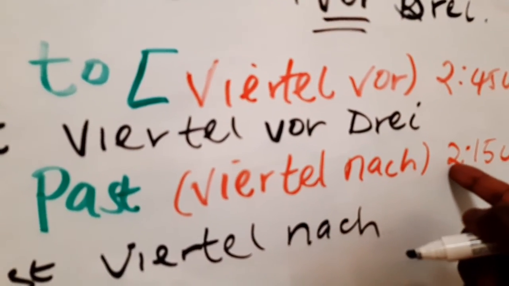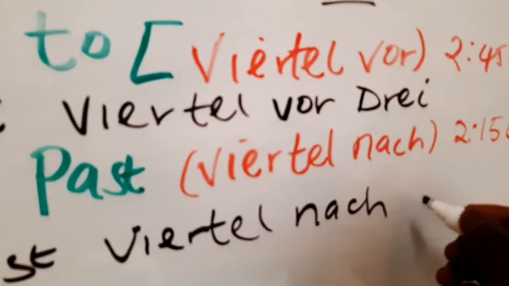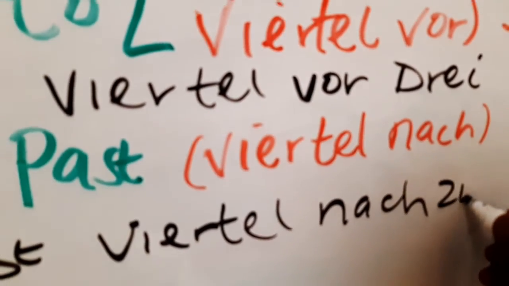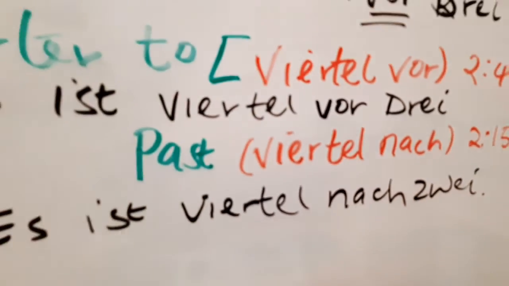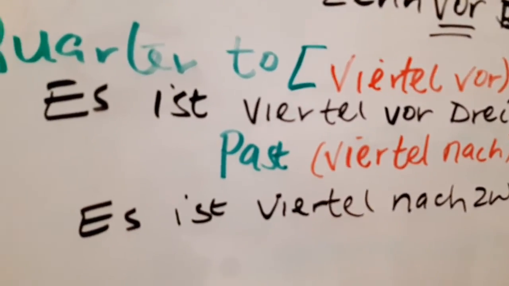Then you have to use now 2 because you don't use the next hour's number, so it's zwei. So you see the difference between the upper one and the lower.